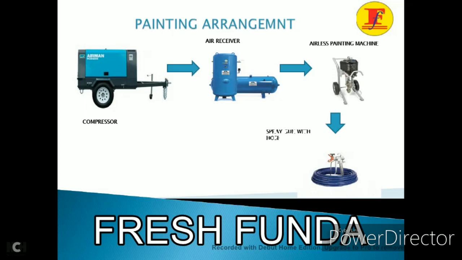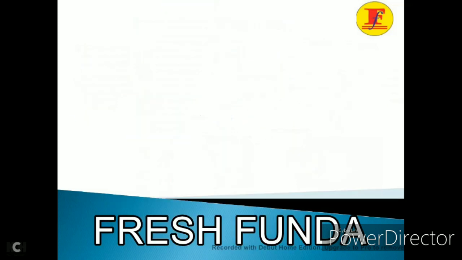From the airless painting machine, this is a spray gun, a spray gun with hose. This is the air mixer, the pneumatic paint mixer. This inlet, this outlet, the air inlet. So this is the painting arrangement system.